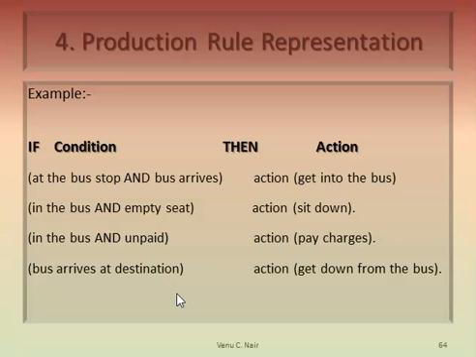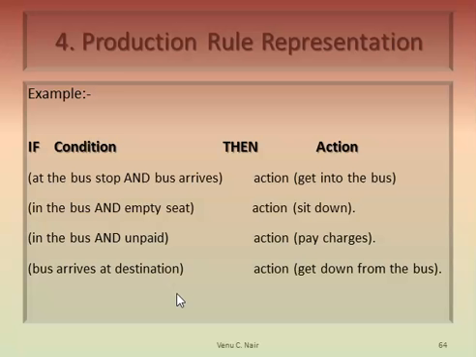In a similar way, we have another condition: in the bus and empty seat. We are inside the bus. We have already got into the bus and there are empty seats available. Then the action should be that we sit down in any one of the empty seats. Then in the bus and unpaid. We are already inside the bus and we have not paid for the ticket. Then the action is pay charges. We have to make the payment for the ticket journey.